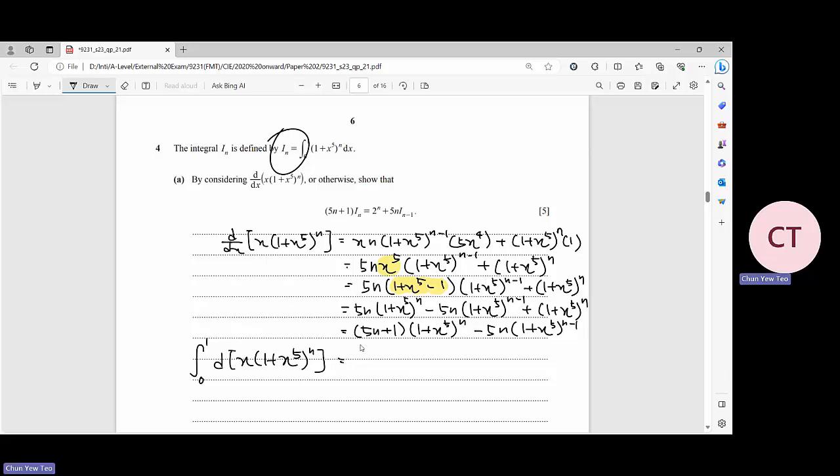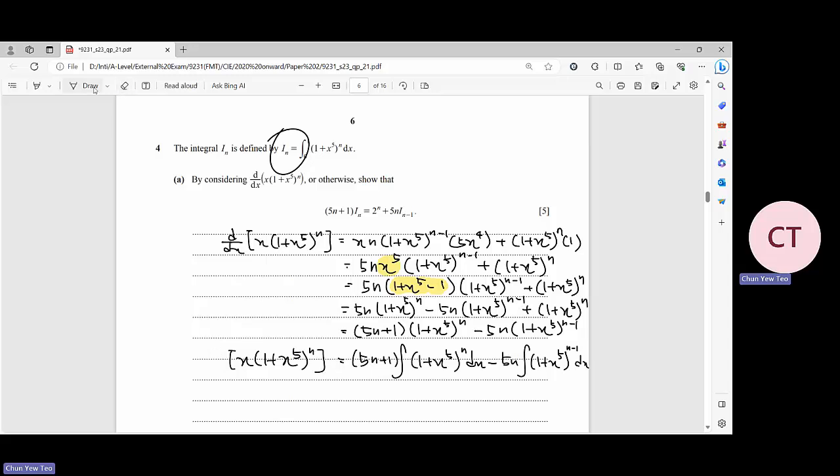Equals to, I take the 5n plus 1 out. Integrate (1 plus x^5)^n minus the 5n integrate of (1 plus x^5)^(n minus 1) dx. For this part, we no need to be so troublesome. We can straight away write down the answer after you integrate them.